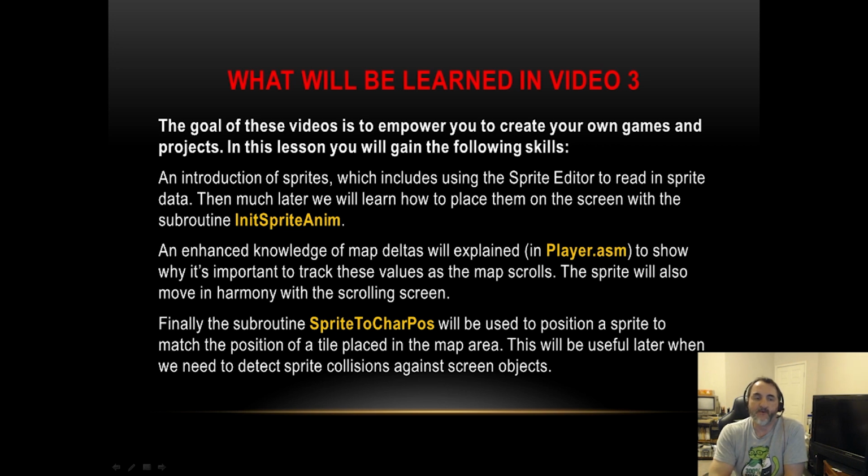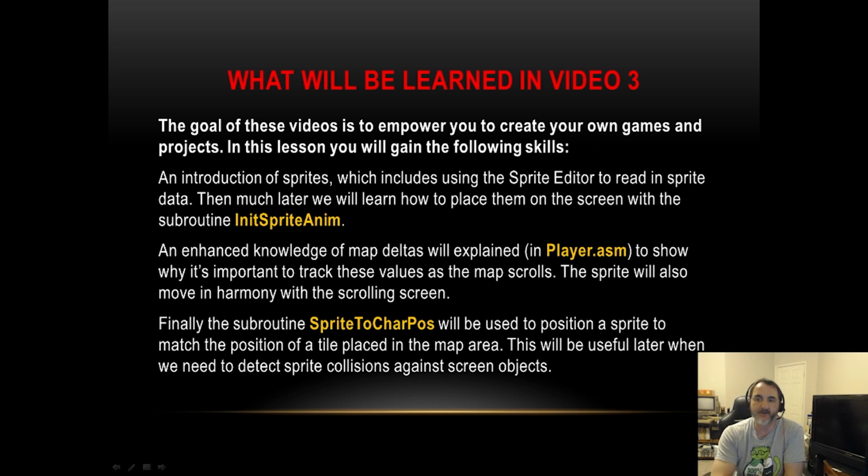All right, so what will be learned in video 3? The goal of these videos is to empower you to create your own games and projects. In this lesson, you will gain the following skills. An introduction of sprites, which includes using the sprite editor to read in sprite data. Then much later, we will learn how to place them on the screen with the subroutine init sprite anim.